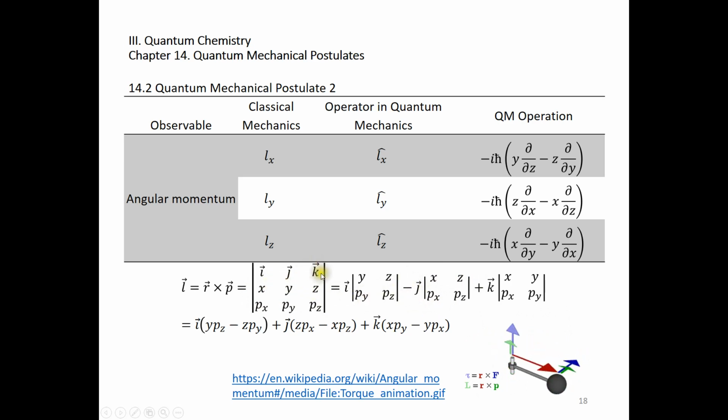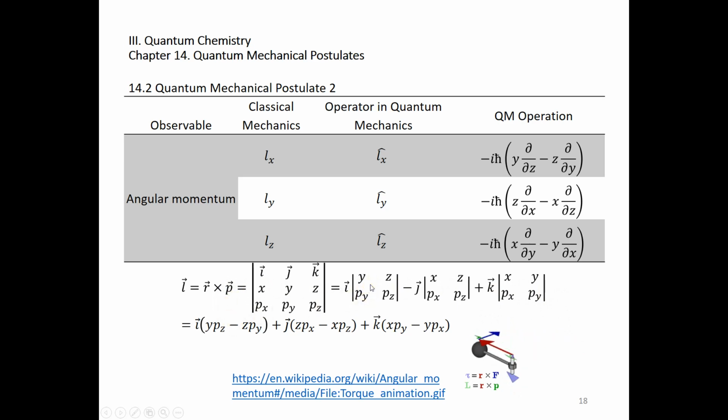Now let's look at this k unit vector. It's also multiplied by a 2x2 determinant. Over here, xy on top, px, py on the bottom right here. Now the sign is positive. So we need to have this positive, negative alternatively if you're doing larger determinants.